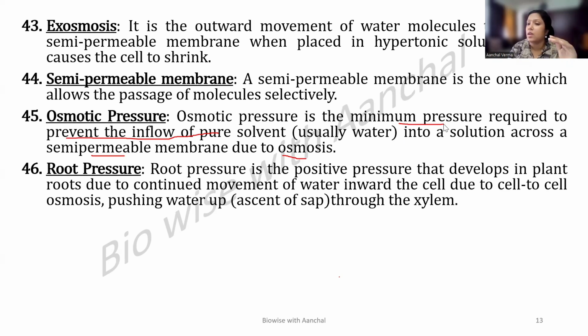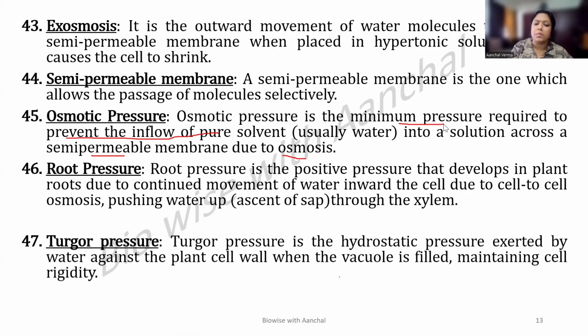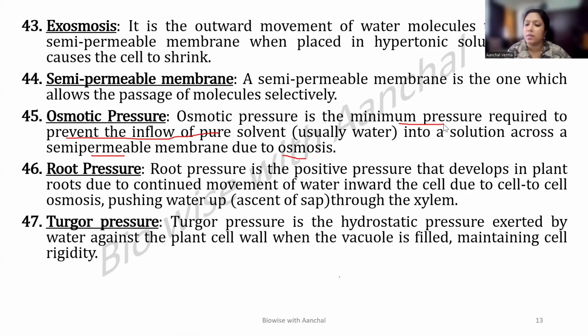But root pressure allows around 1 meter to 2 meter tall plants where the water can flow because of the root pressure. Turgor pressure is the hydrostatic pressure exerted by the water against the plant cell wall when the vacuole is filled, maintaining the cell rigidity.